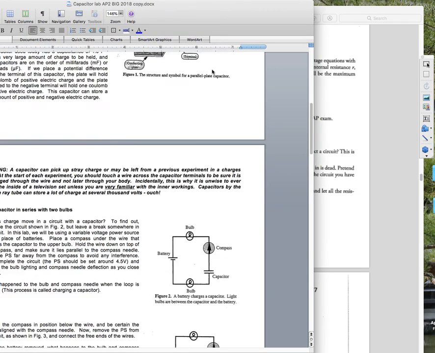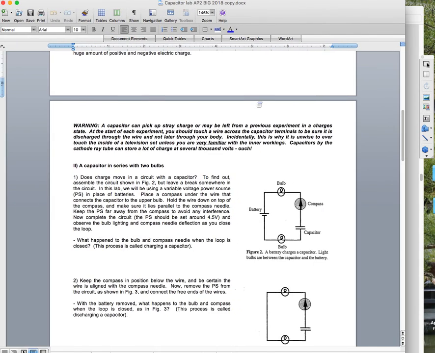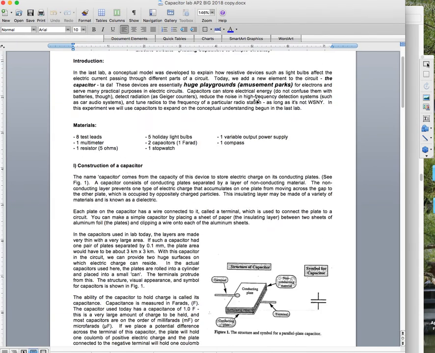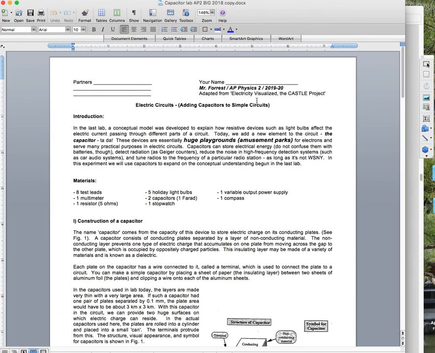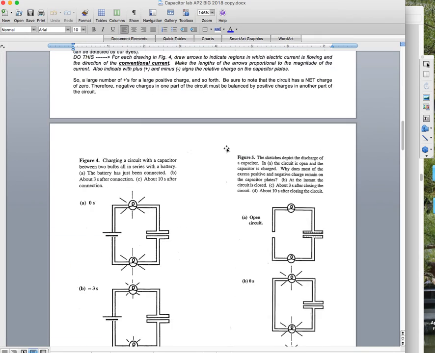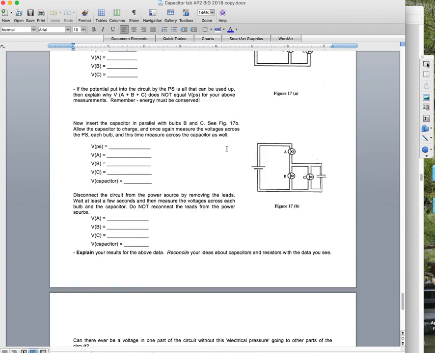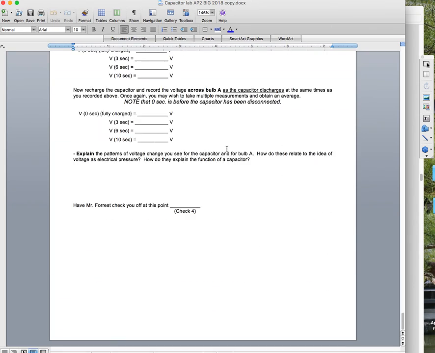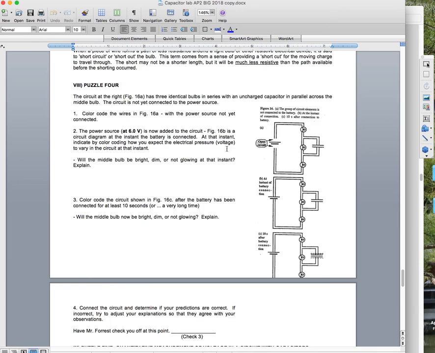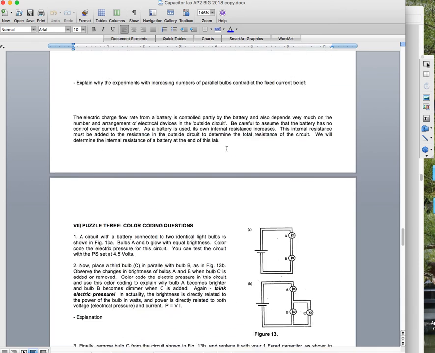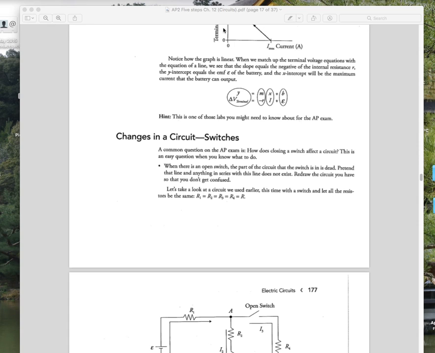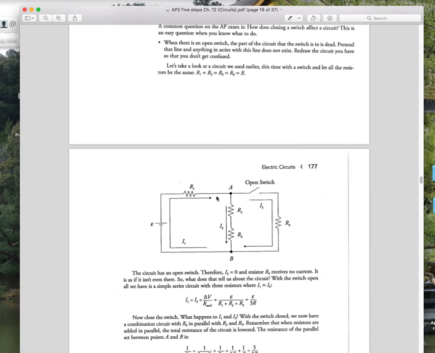There we go. So there's this circuitry lab, and actually it was 1920. The first part was the one with capacitors. The last part of this lab I think dealt with, nope, never mind. I can't find it, but I will look for it at some point.